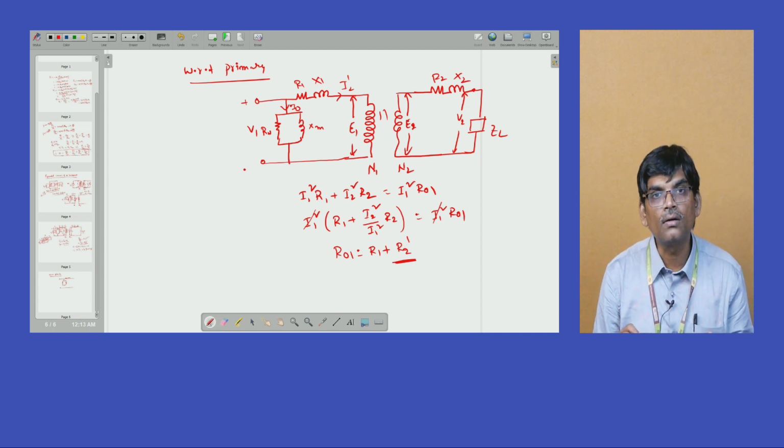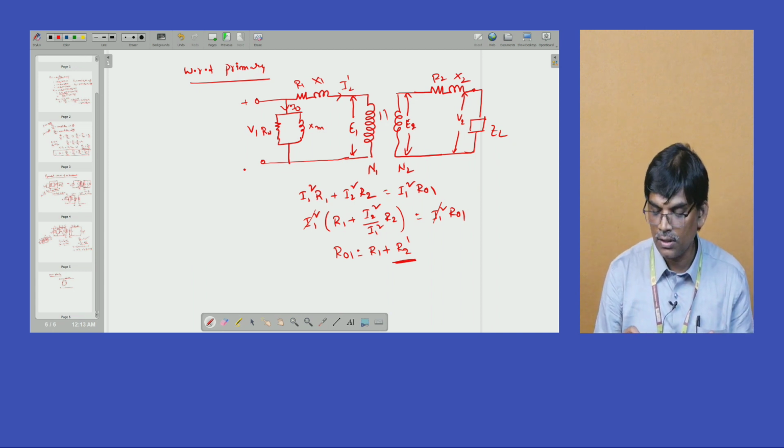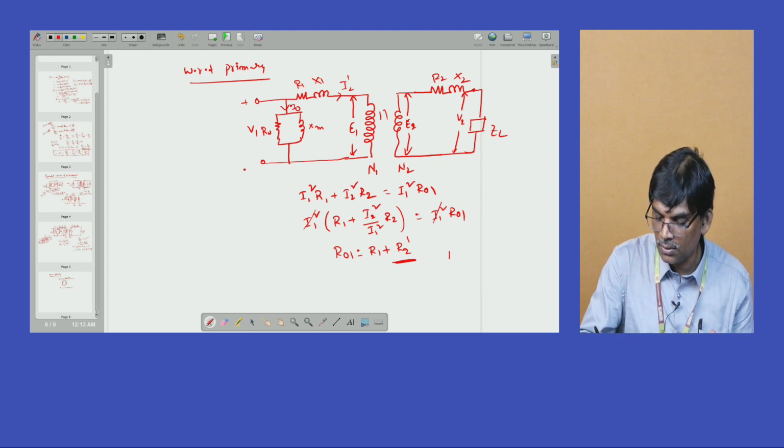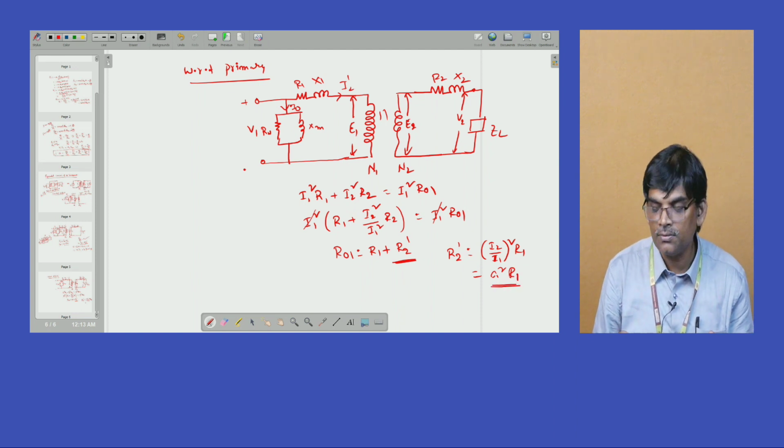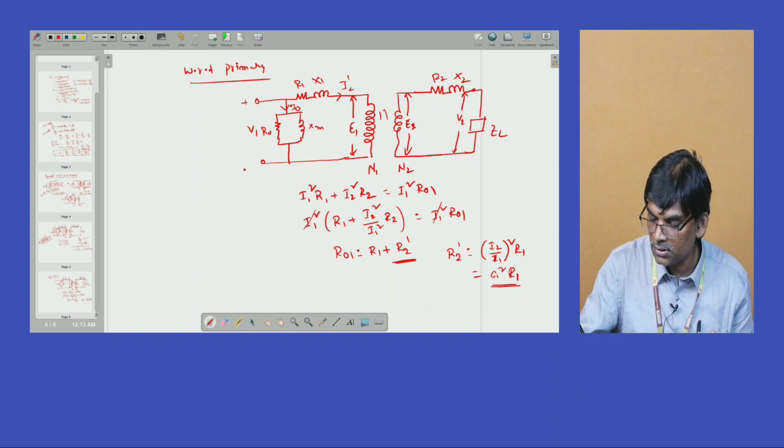So R2 converted to the primary side is denoted as R2 dash. Here R2 dash is equal to I2 by I1 whole square R2. I2 by I1 you know already is A, so it is A square R2.